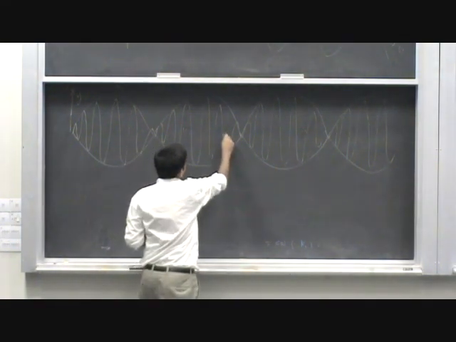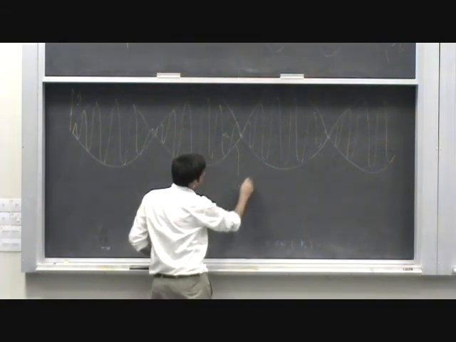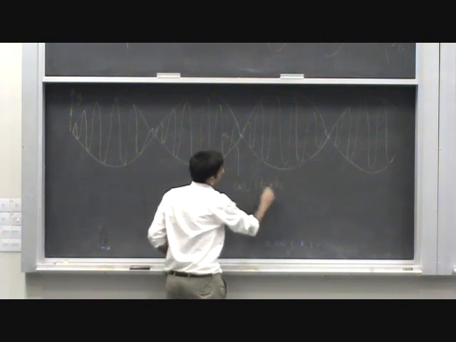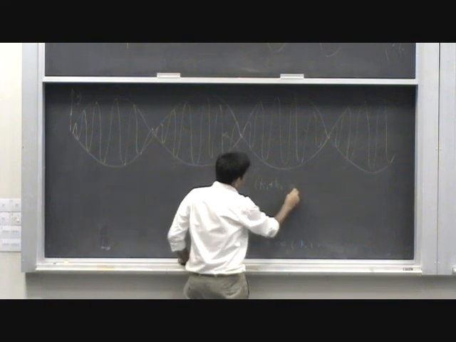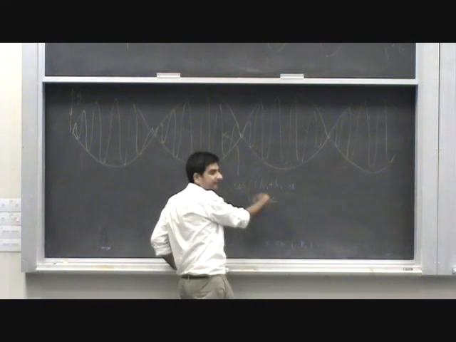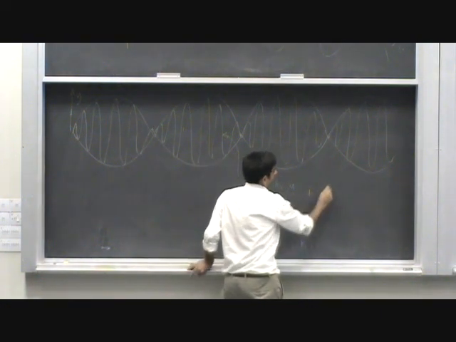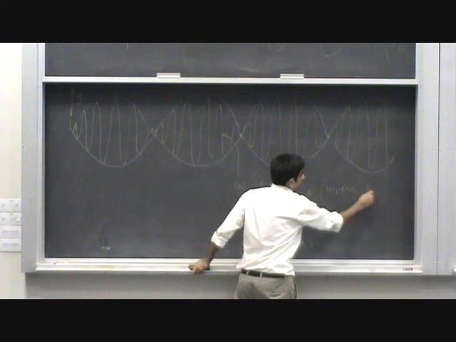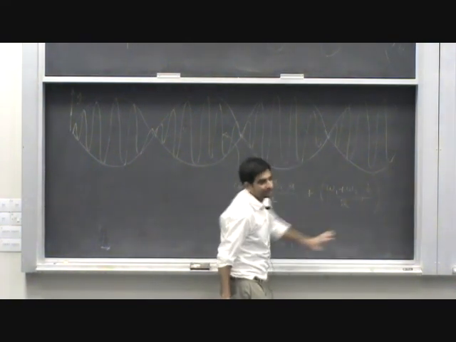This yellow wave is of the form cosine k1 plus k2 over 2 x, यानी ये k एवरेज बन गया, k1 plus k2 over 2, plus omega 1 plus omega 2, ये omega average है, ठीक है.